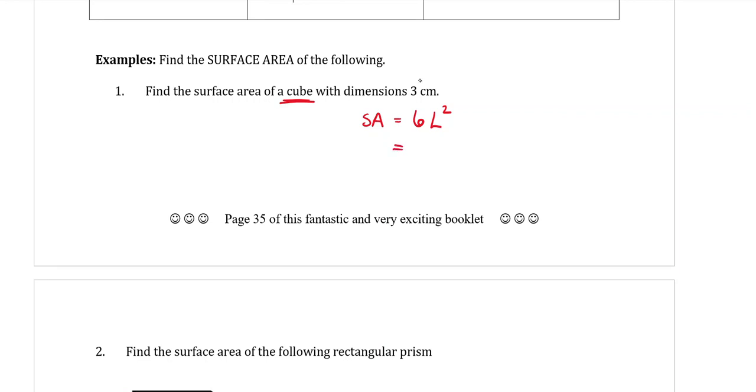The L is the 3. So second line, I'm going to sub that in. It's going to be 6 times 3 squared. And then you type that in your calculator. It is 54 centimetres squared. That's it. That was easy enough, wasn't it?